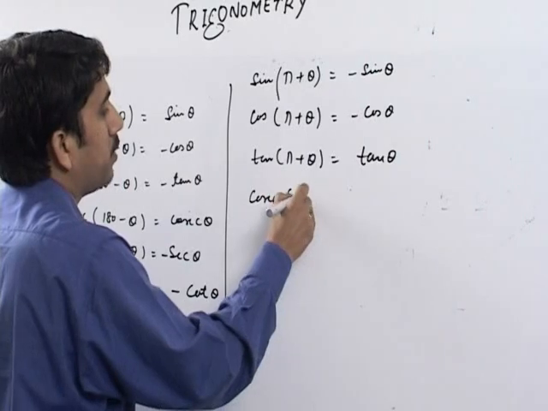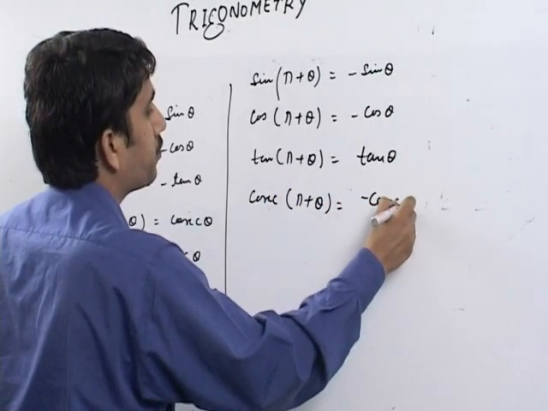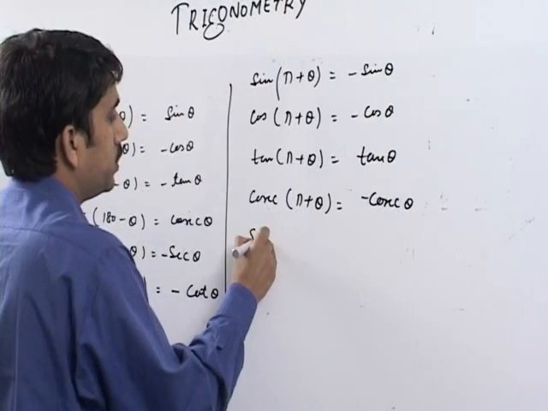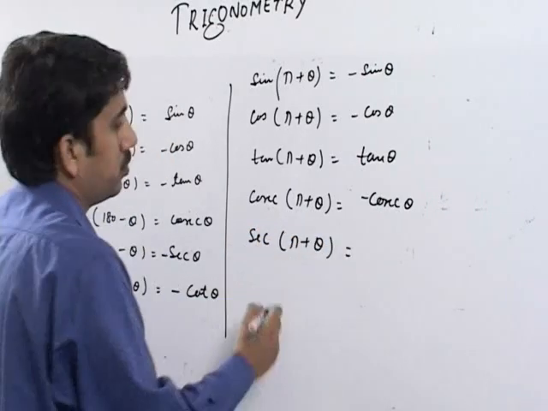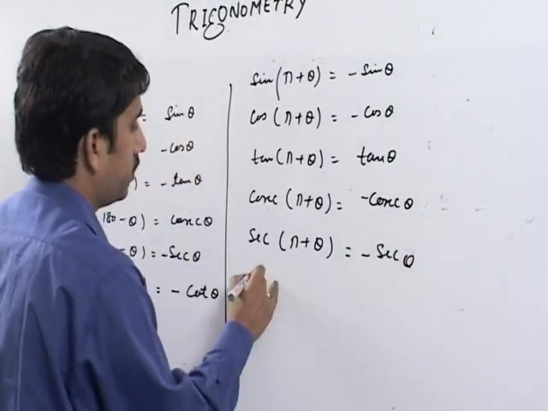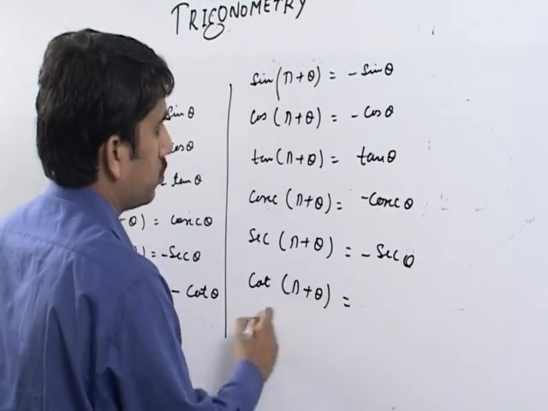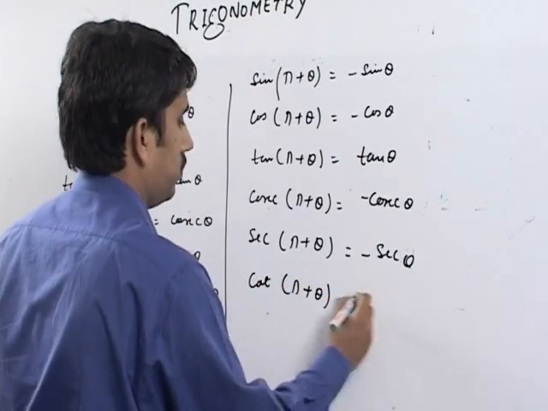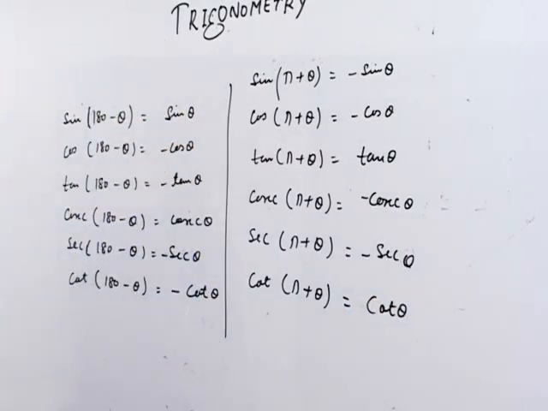Cosecant of pi plus theta is equal to minus cosecant theta, secant of pi plus theta is equal to minus secant theta, cot of pi plus theta is equal to cot theta.